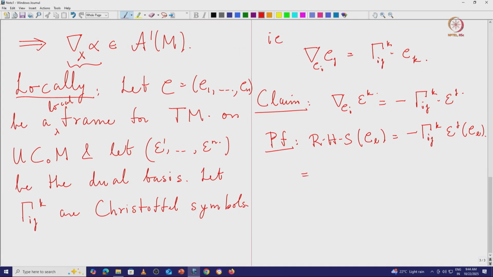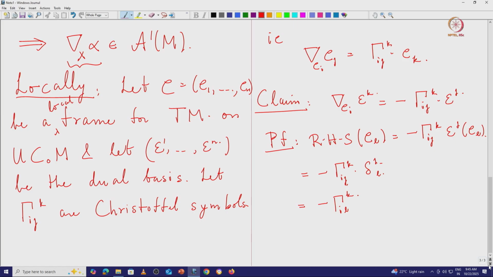But because epsilons are the dual basis, this is going to be minus gamma ijk delta jl. Okay, so now if you sum over all possible j's, because that's the repeated index, the only non-zero contribution is going to be when j is equal to L. So this is going to be minus gamma ILK. Okay, so that's the RHS applied to a basis vector EL.